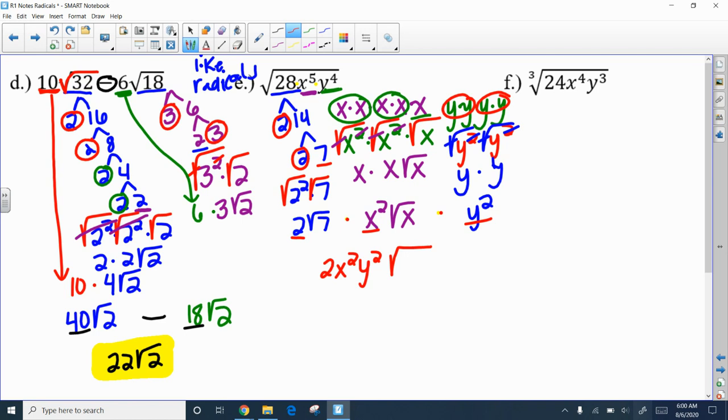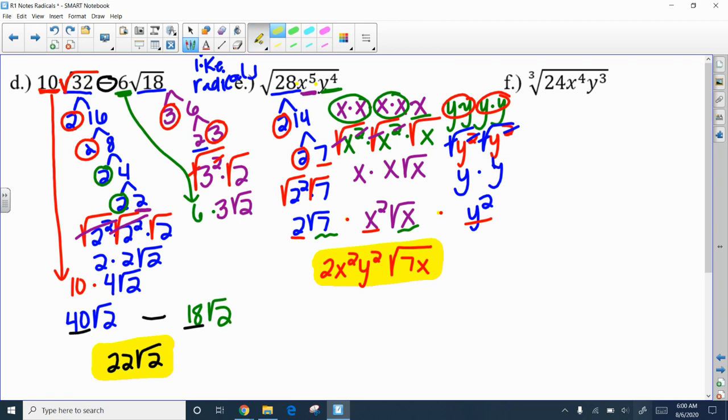And anything that's on the inside gets multiplied together. So I would write that as 7x on the inside. So this simplifies to 2x squared y squared, square root of 7x. And this is more simplified because the part under the radical is as small as possible.